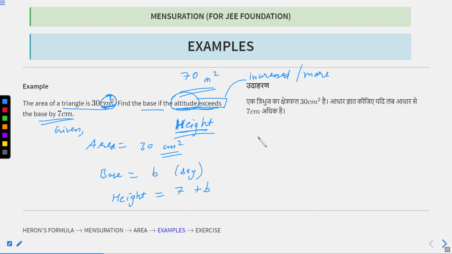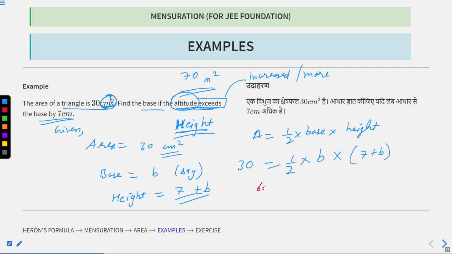That's it. We already know the area of this triangle is half into base into height. Clear? We know half, we know the base is b, and we know the height is 7 plus b. We know the area is 30. Now just calculate it, quite easy.